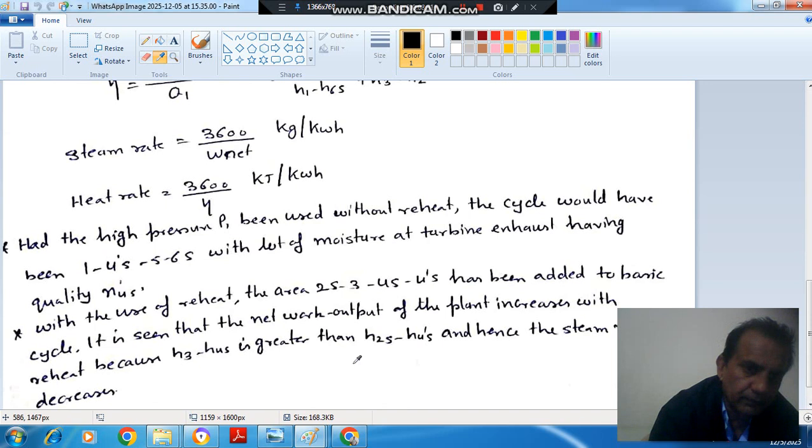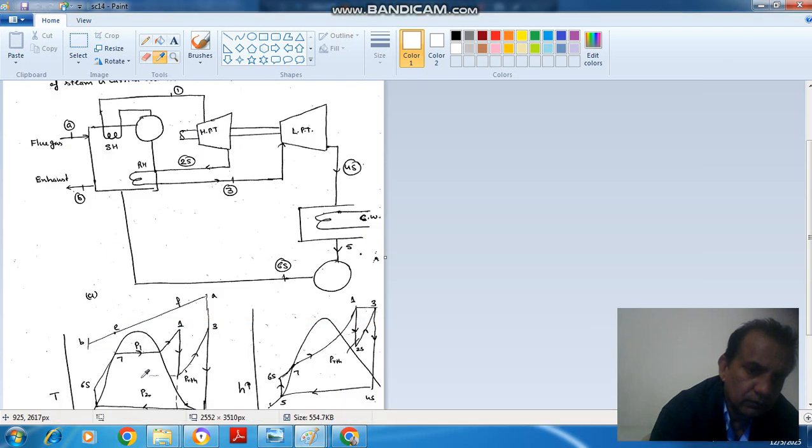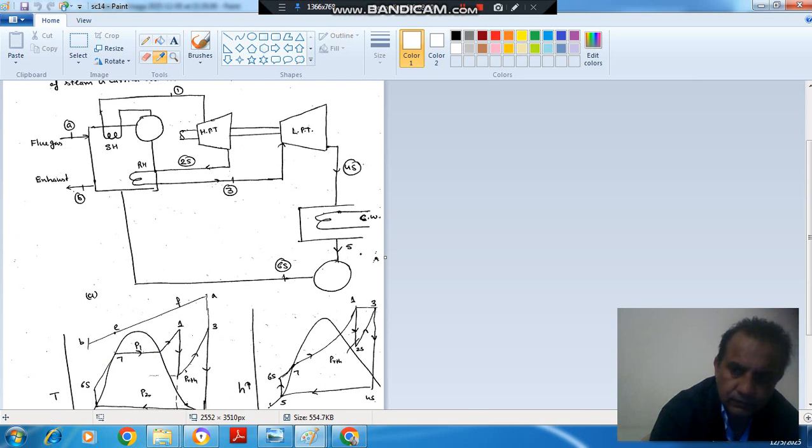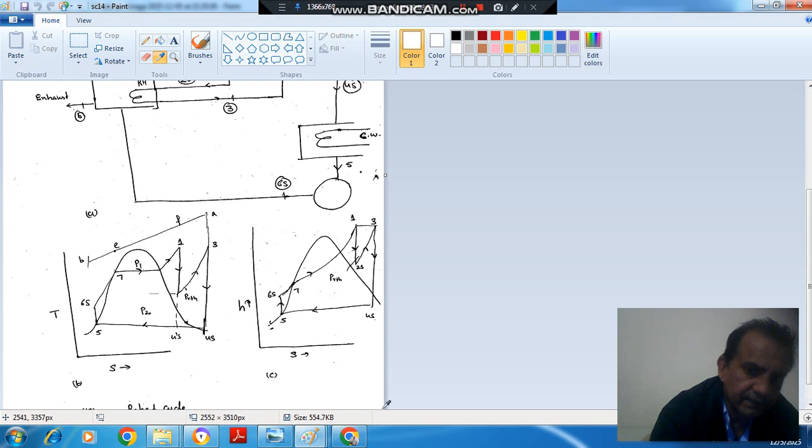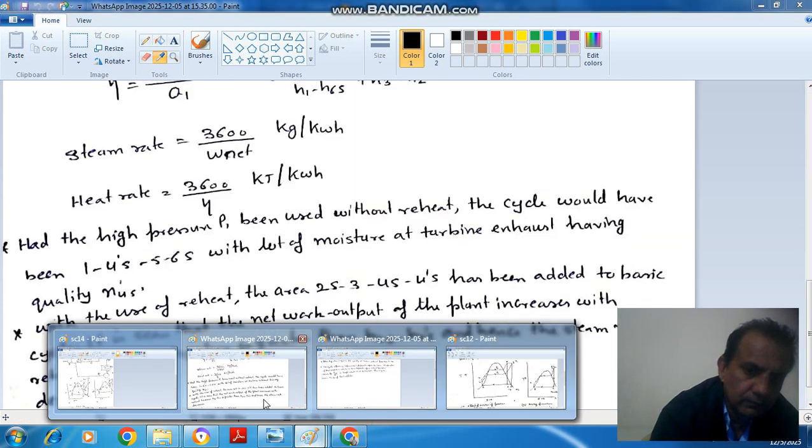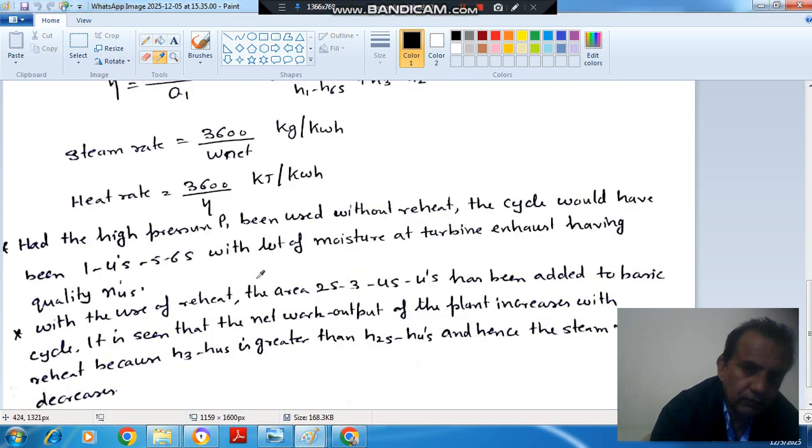If the high pressure P1 had been used without reheat, the cycle would have been 1, 4s dash, 5, 6s, with a lot of moisture at the turbine exhaust having quality X4s dash.